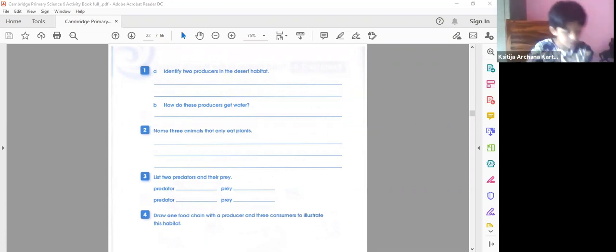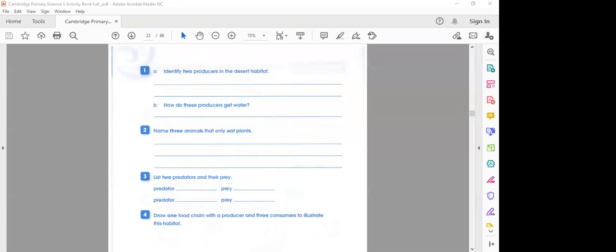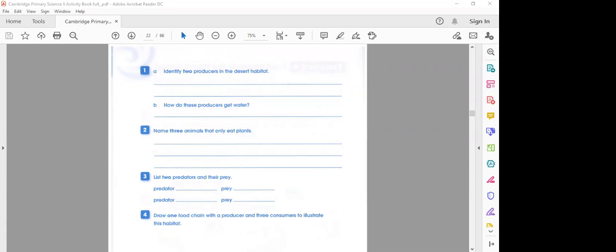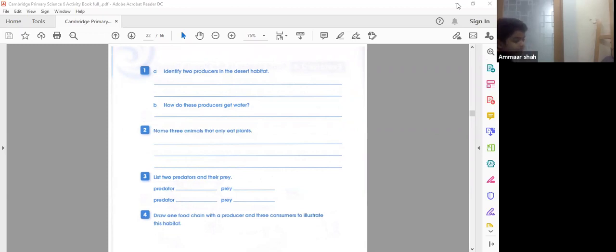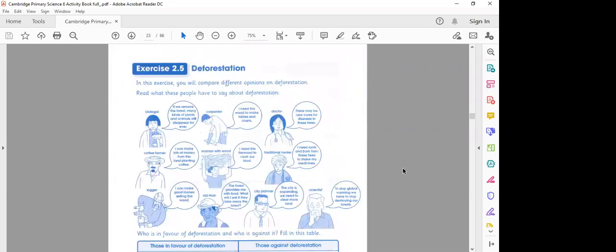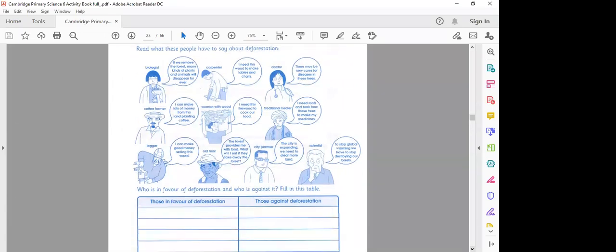And ma'am, I did not write the other producer. What do you think could be the other producer? Seeds. Seeds, yes. Right, Amar? These are simple questions. The seeds and bits of dried grasses are carried by the wind.